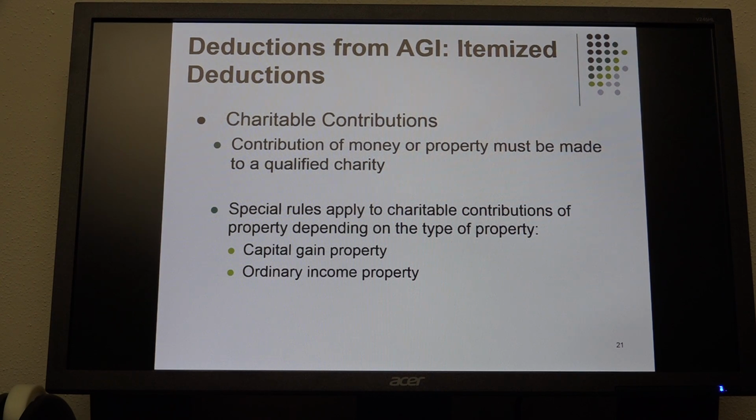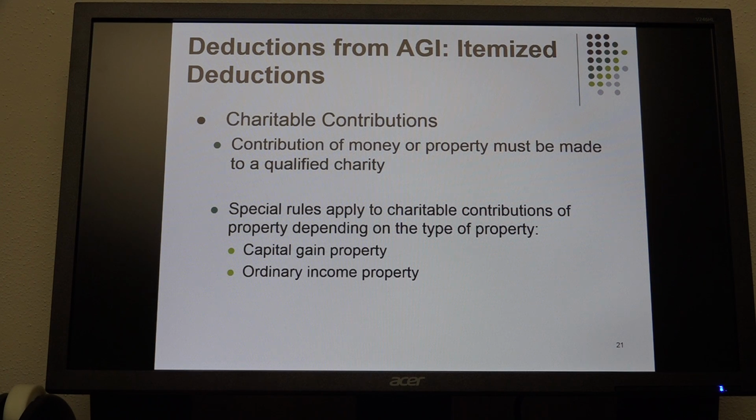Well, what happens to the rest? Well, the excess, in my example, 12,500, is treated as if it were made in the subsequent tax year and is subject to the same AGI limitations in that next year. The excess contribution is carried forward and it can be deducted for the next 5 years, if need be.